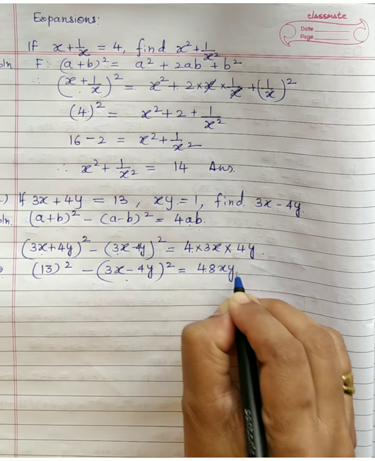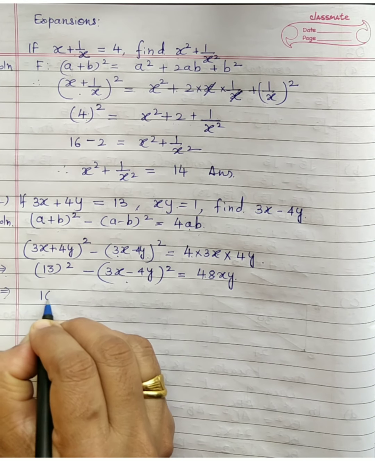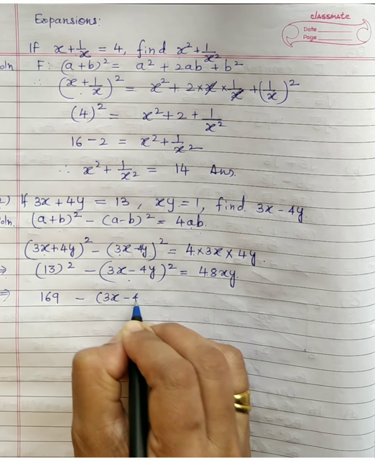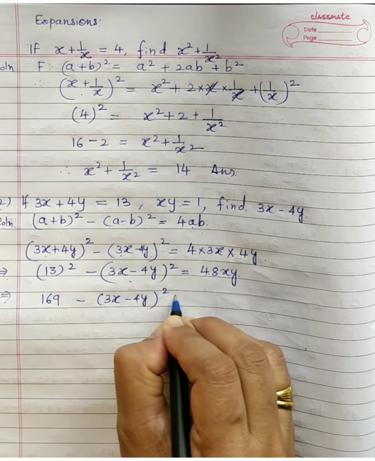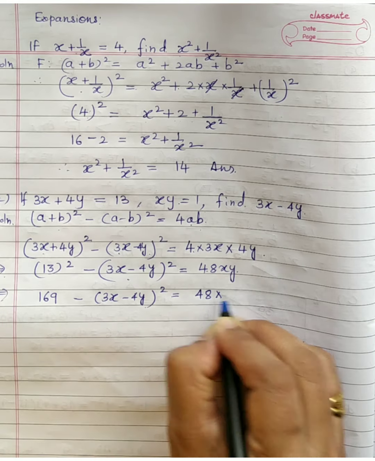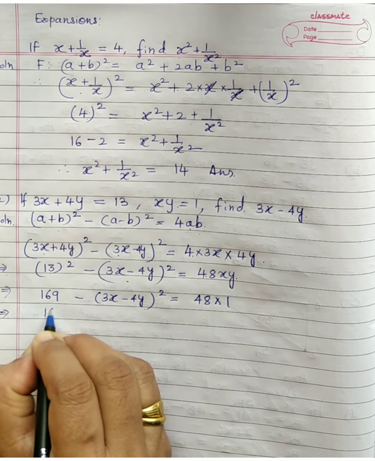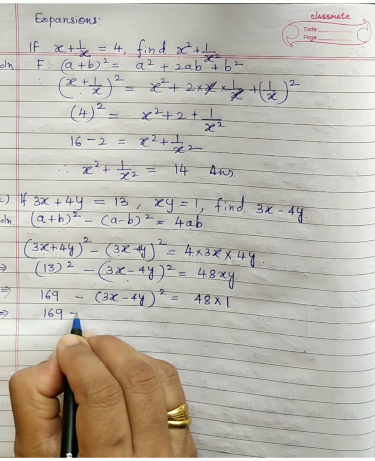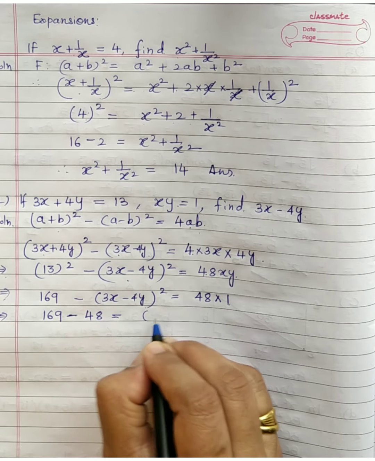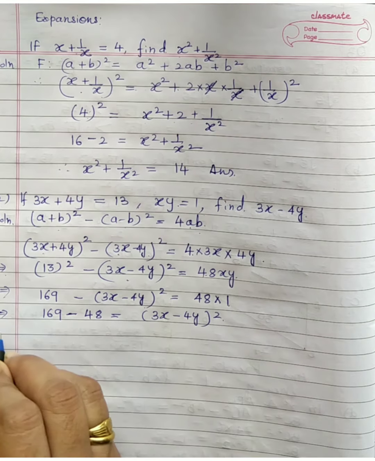xy. Now this xy also we will replace, right? So you get here 169 minus 3x minus 4y the whole square is equal to 48 multiplied by 1, that comes as 48. Here you get 169, 48 brought to the left hand side, minus 48 is equal to, negative becomes positive, 3x minus 4y the whole square.